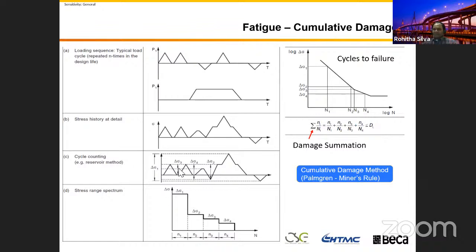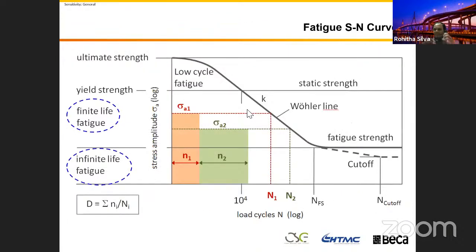Your bridge will get a brittle failure. To prevent that, we check that. But when we design the bridges at the early stage, we make sure that we detail our structures to satisfy the fatigue design. Is it clear to you what I explained in these 2-3 slides?